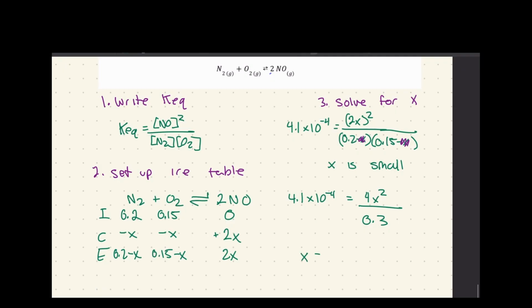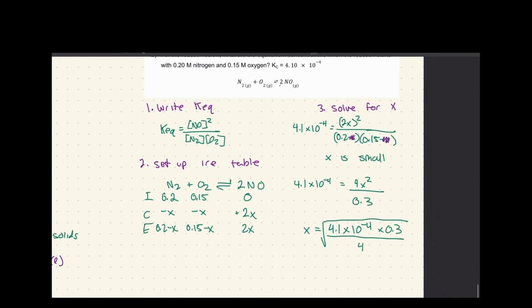This means that x is going to be equal to 4.1 times 10 to the negative 4 times 0.3 divided by 4, and all of that to the square root. When I solve for x, it's going to give me 5.5 times 10 to the negative 3 molar.